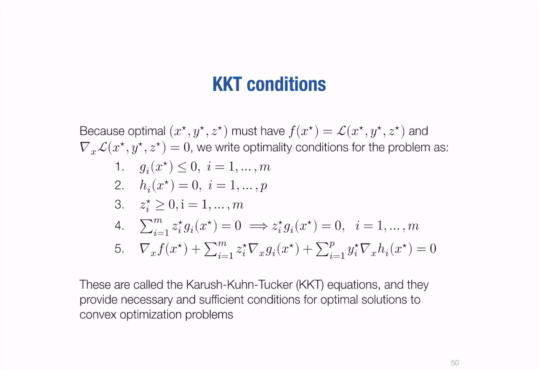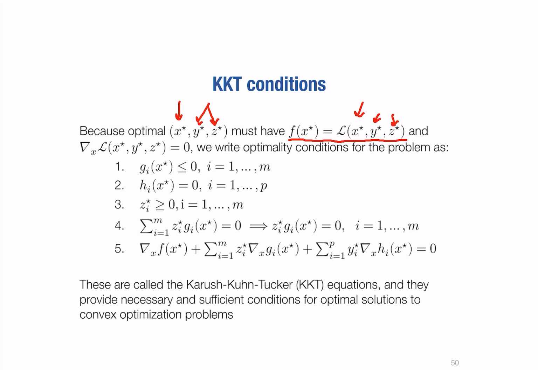So what this means is that in order to have an optimal solution, both in our primal x variables and an optimal set of dual variables, we need two things to hold. We need our objective value, f evaluated at the optimal solution, to be equal to the Lagrangian evaluated at the optimal solution for all these variables. Because if this was not true, then we'd be maximizing this thing over y star and z star.